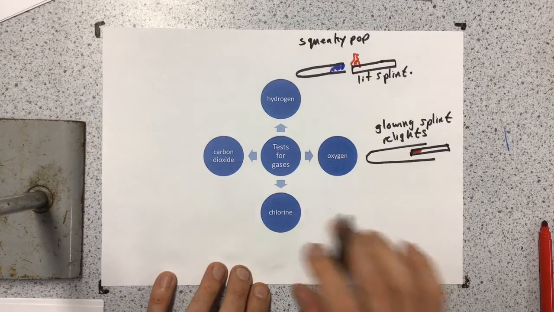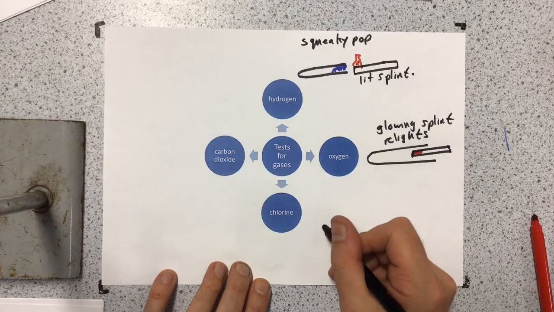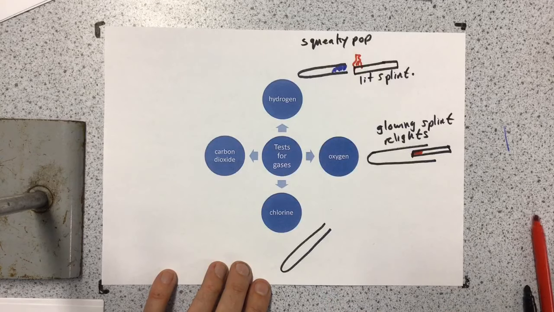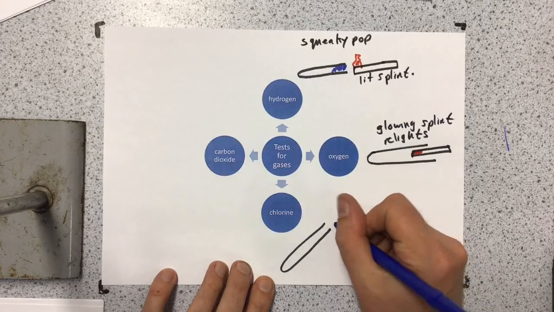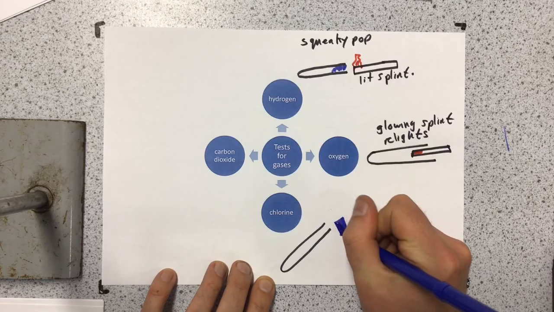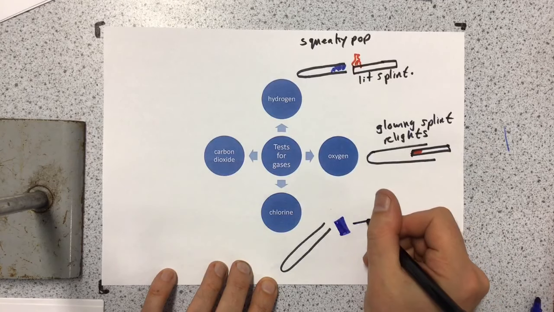Okay, the next one, chlorine. Okay, so same again. We have our test tube full of chlorine, and we would take some blue litmus paper, okay, which is damp, right? This would happen in 2 stages.